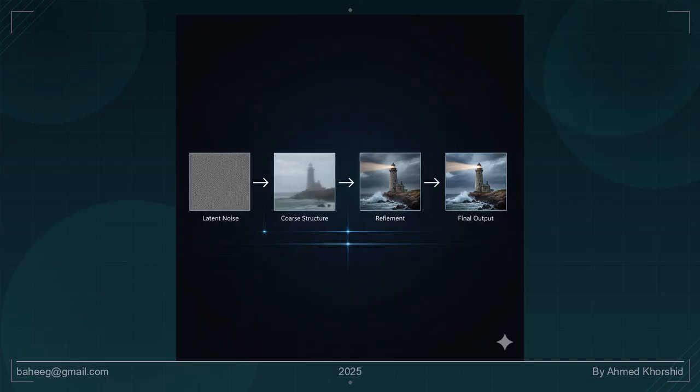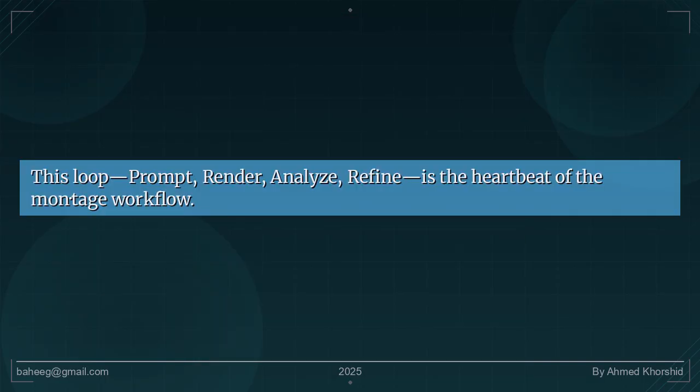Step 4, a crystal clear, high-resolution photograph of a lighthouse in a storm. Arrows flow from left to right. The background is a dark gradient. Text labels under each step: latent noise, coarse structure, refinement, final output. Tech tutorial aesthetic. This loop, prompt, render, analyze, refine, is the heartbeat of the Montime's Tage workflow.